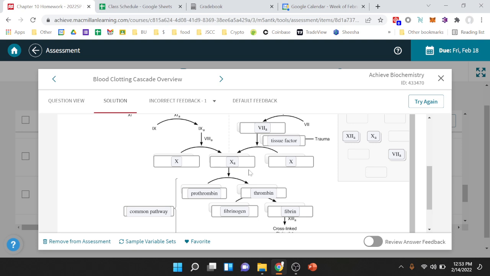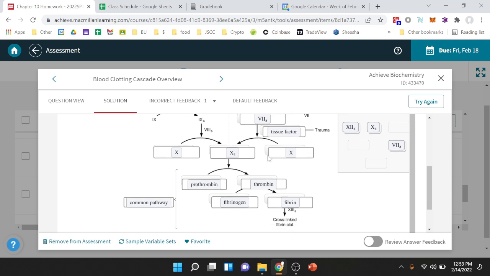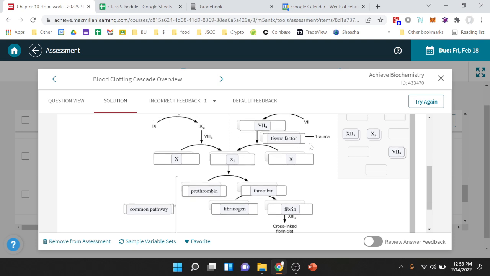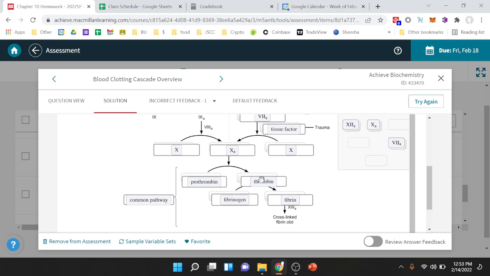Also tissue factor here is kind of an interesting one because it has a very nice name, right? You get trauma to your tissue and you get tissue factor, okay? It's one of the few things that actually makes any sense in this. Their naming actually was reasonable. And thrombin, of course. I mean, that's fine.